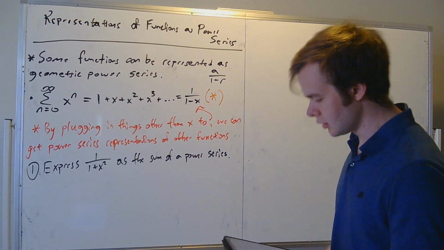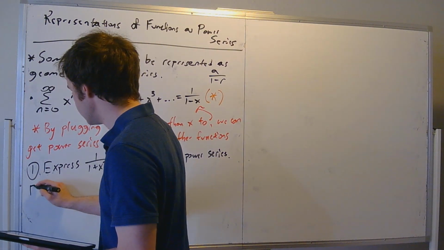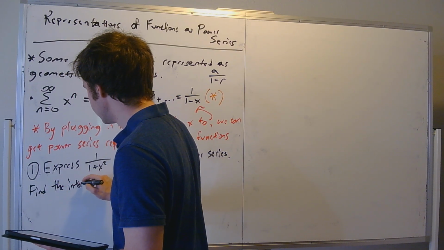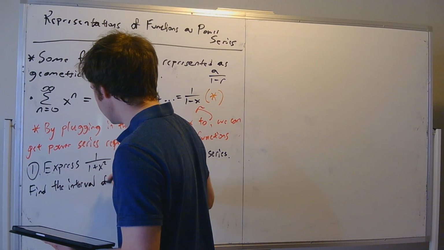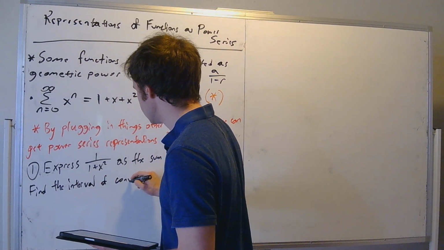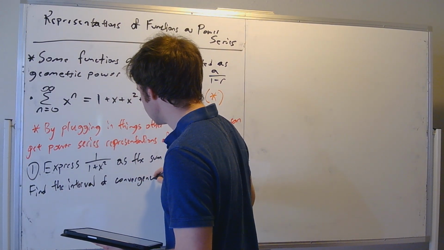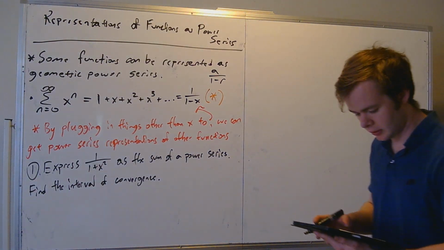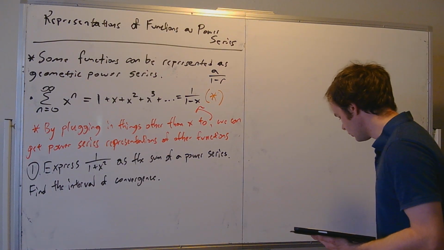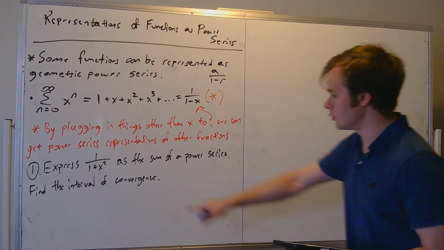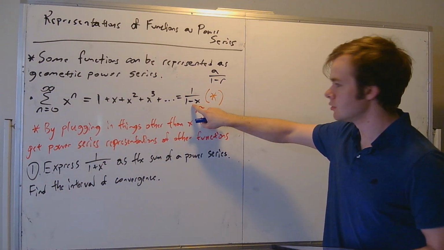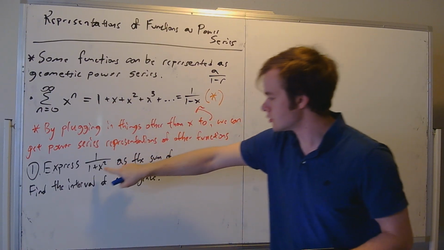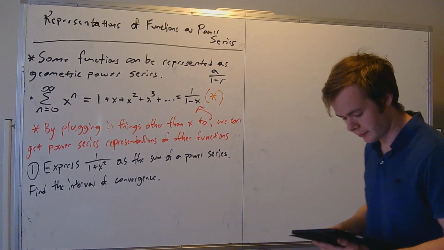And the second thing it's going to ask us is to find the interval of convergence. So we need to figure out these two things. The way we're going to figure it out is by relating this function to this function. And we see, what do we have to plug in for x here to get it to look like what we have there?